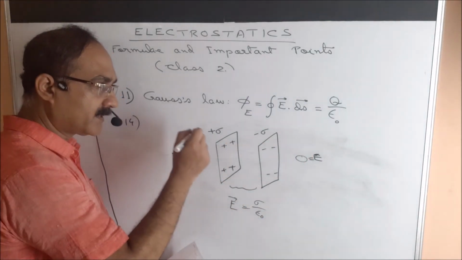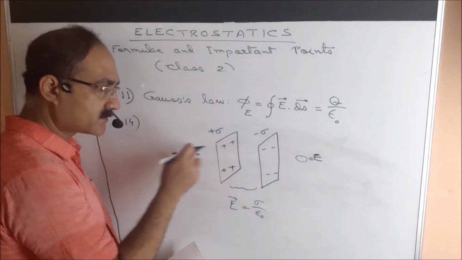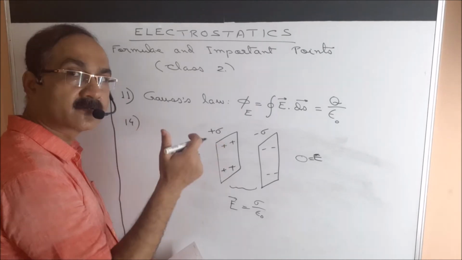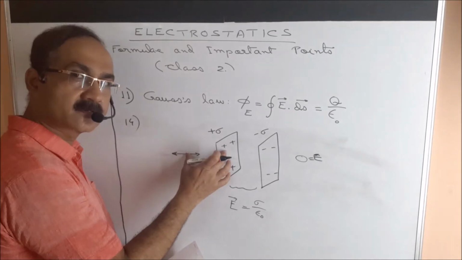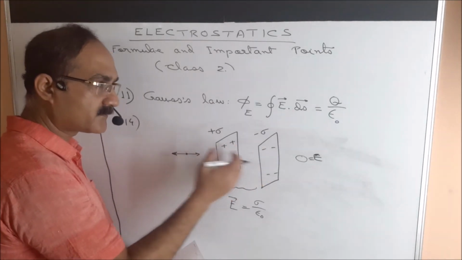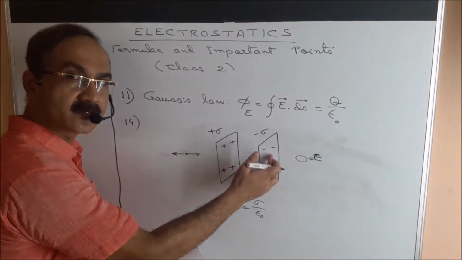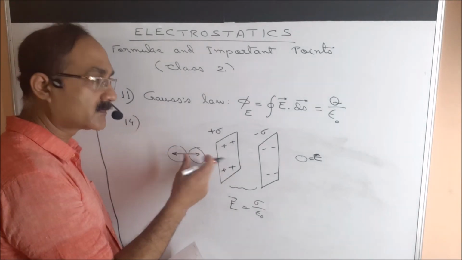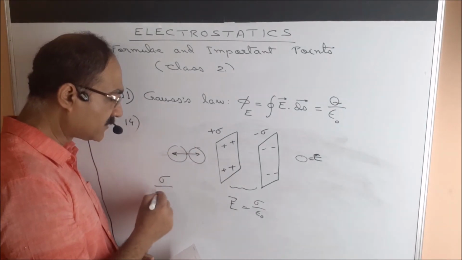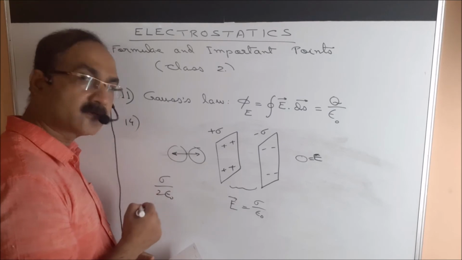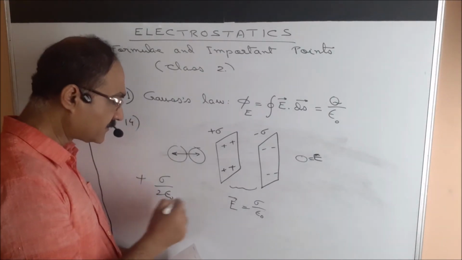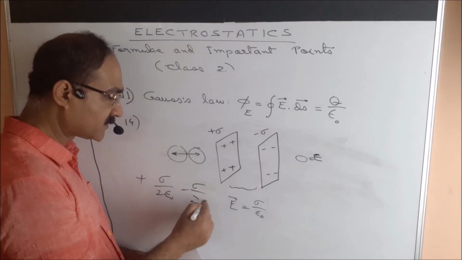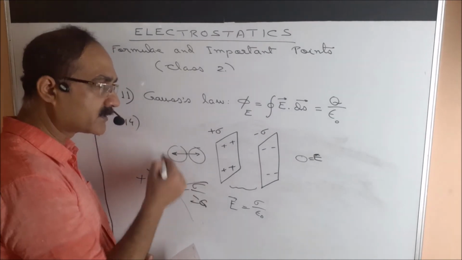Now, the magnitude of the electric field for a sheet does not depend on the distance. So this point is nearer to this sheet and further away from that sheet, but the magnitudes will be the same. The magnitude will be sigma by twice epsilon naught. One will be positive, one will be negative, so they will cancel out, so it becomes 0.